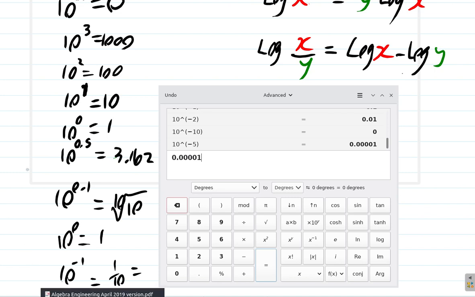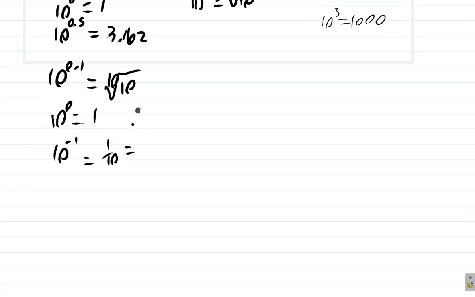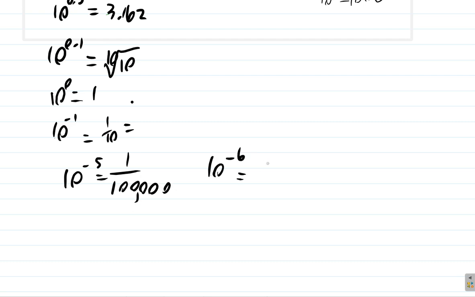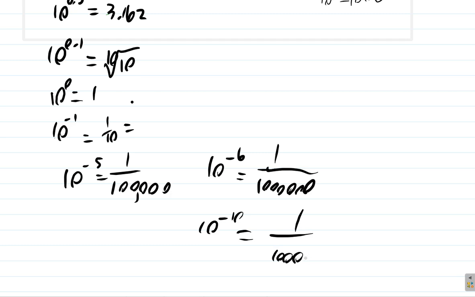Alright, so let's argue it out. It looks like 0, but it's not 0. If you try to get 0 here, 10 to the negative 5 means 1 over 1 and 5 zeros, which is 100,000. 10 to the negative 6 would be 1 over 1 million. And 10 to the negative 10 would be 1 over a 1 and 10 zeros.